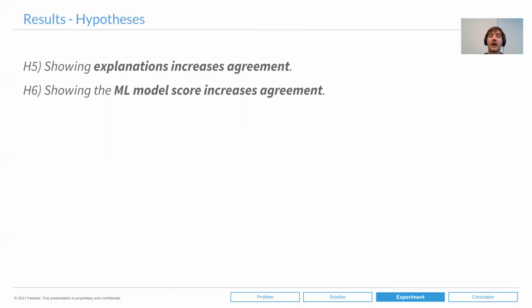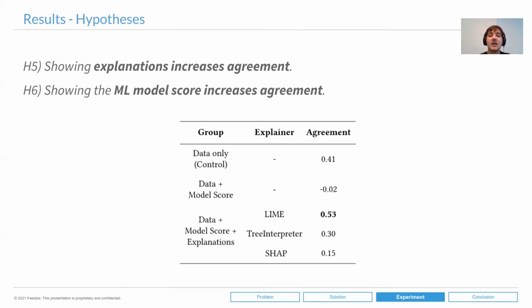The last two hypotheses that we had for this experiment were that showing explanations increased the agreement of the analysts, and showing the score would also increase the analysts' agreement. The obtained results did not confirm these hypotheses.